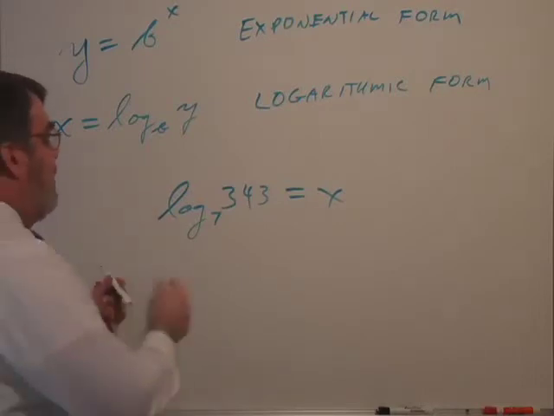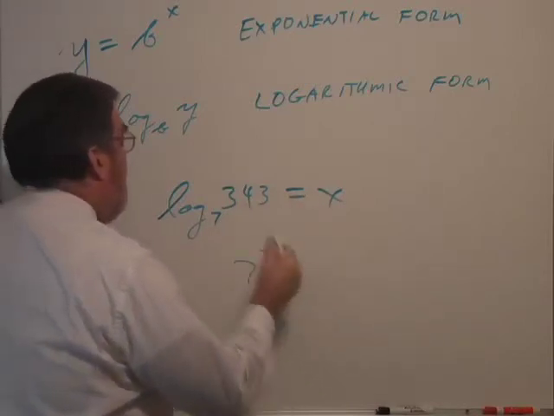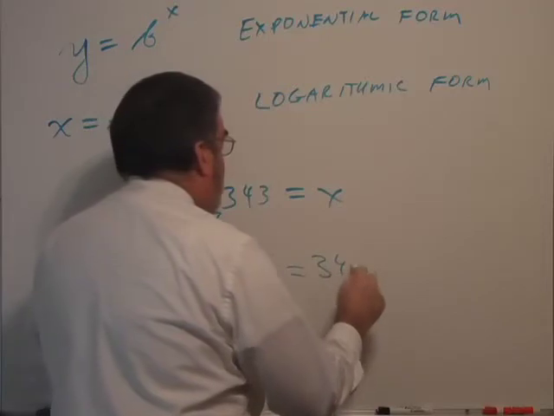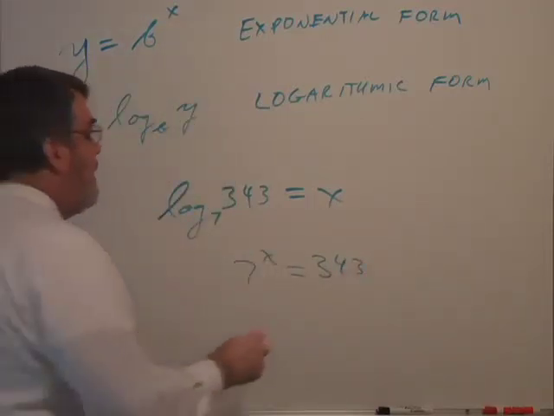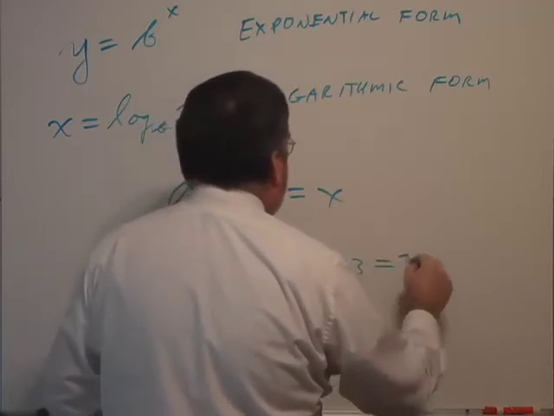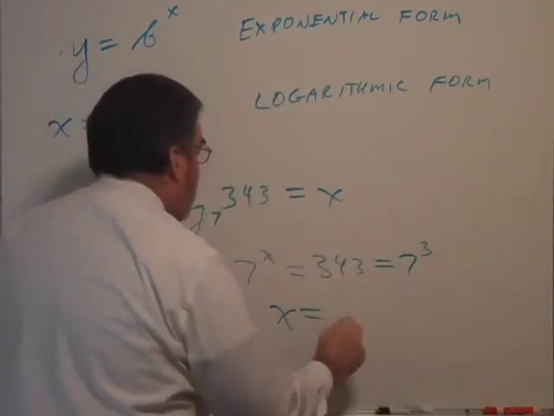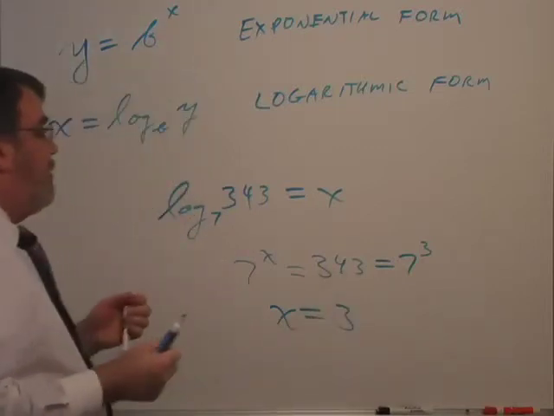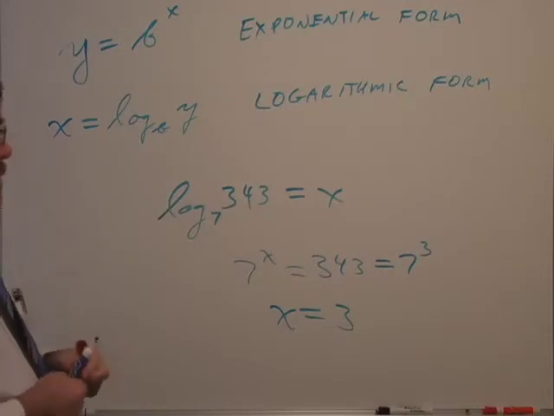So in exponent form, it's 7 to the x power equals 343. If you recognize that 343 is 7 to the third power, then we can solve this. We can say that x is equal to 3. So 7 to the third power is 343.